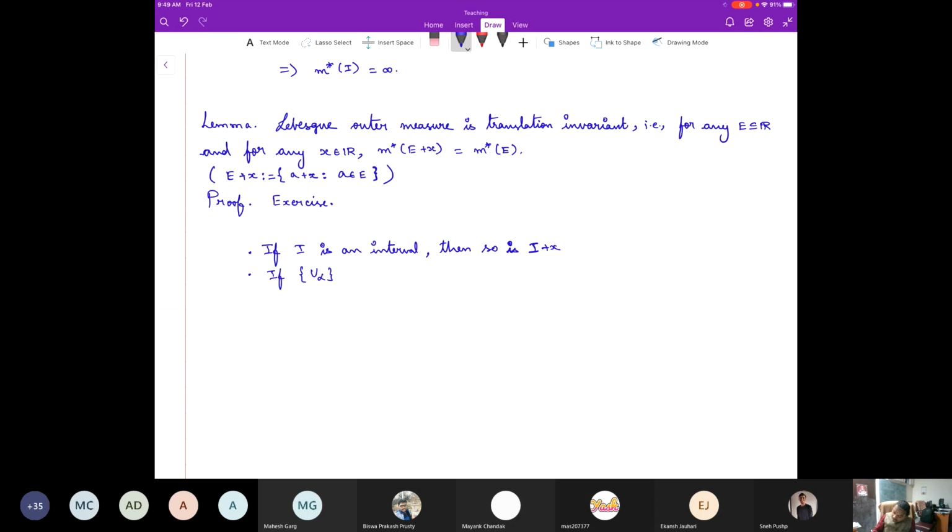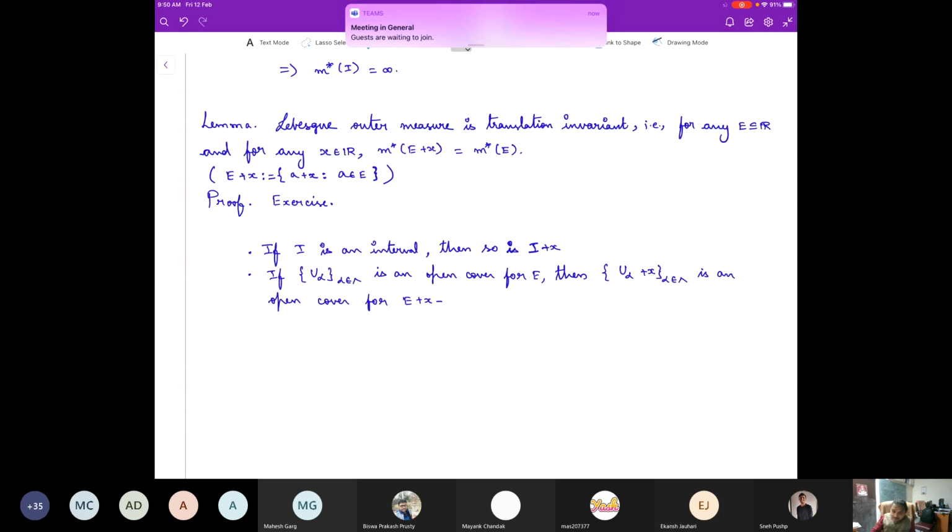If U_alpha, alpha in lambda, is an open cover for E, then U_alpha plus x is an open cover for E plus x. That's it, done.